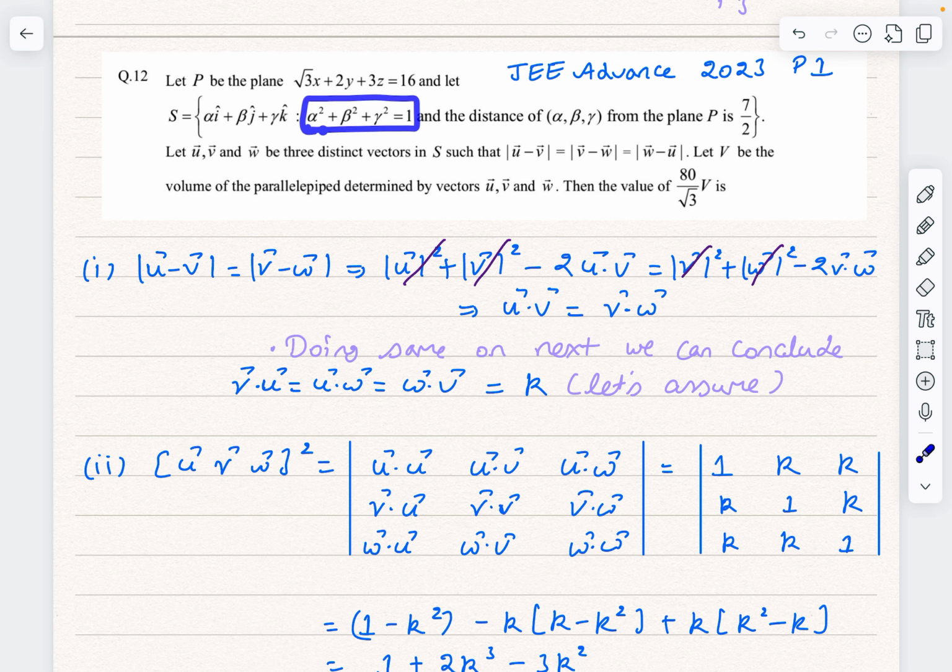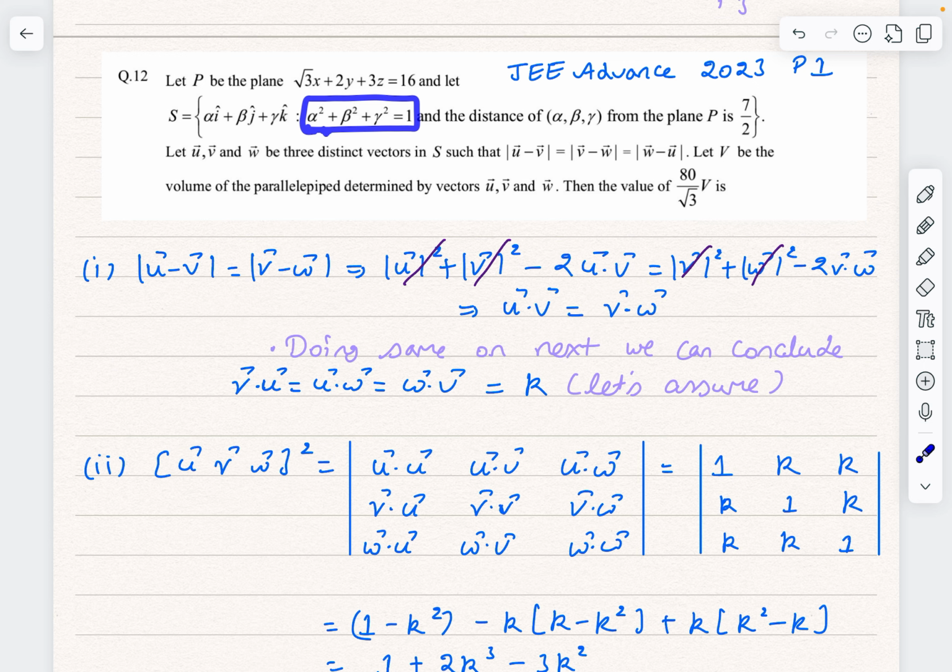So all the points which are at a distance of 1 from the origin will lie on a sphere. In 2D geometry it is a circle; in 3D geometry, it will be a sphere. A sphere will have center as origin and radius 1.